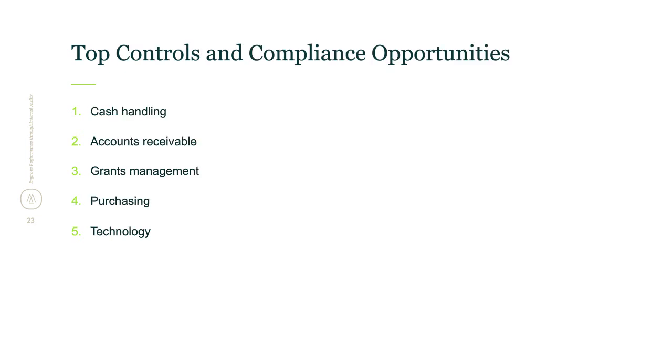So controls and compliance. Here we really just want to get us thinking about centralized activities versus decentralized activities. What we typically see is from a central standpoint, so think of finance and accounting, that from a control standpoint, more likely than not, we're in a stronger position there.